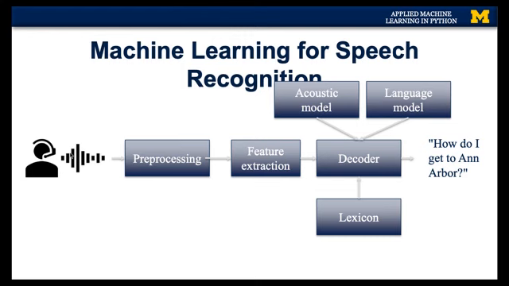And then we use a decoder, and the decoder uses an acoustic model, a language model, and a lexicon. So these are different types of machine learning algorithms that are used to extract information from the sound data. And eventually this decoder, or this machine learning algorithm, is able to write the corresponding text of the audio signal.